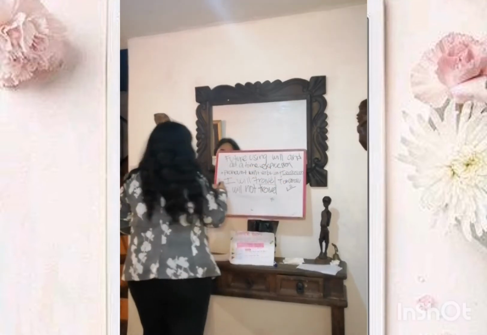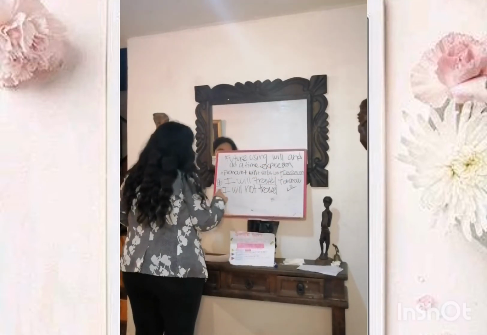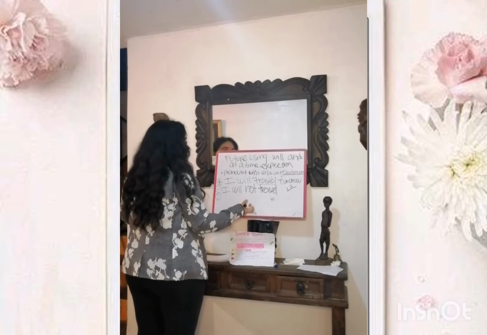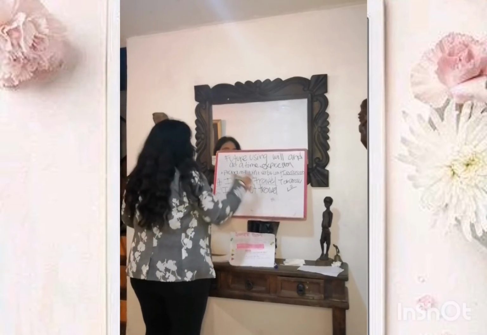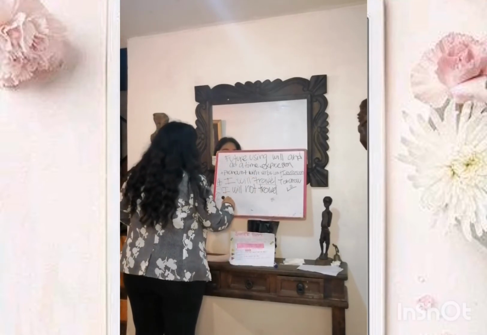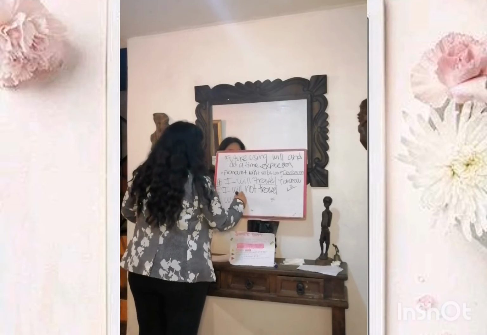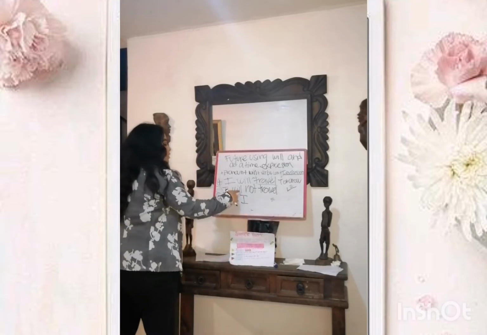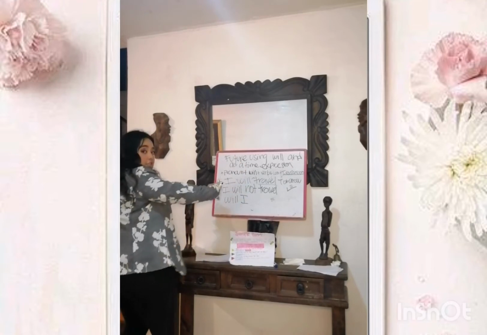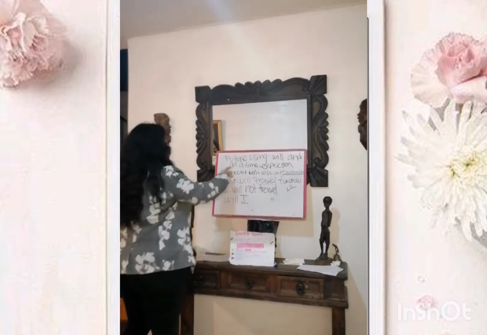Question sentence. So it will be on the other side, so it will be will I? So we're gonna change this will. We're gonna change it, okay? It's from side to side.